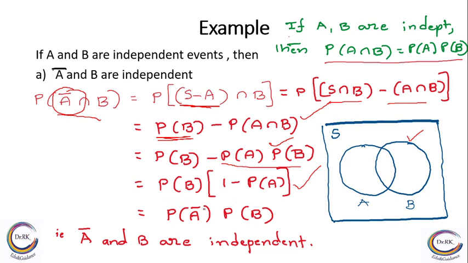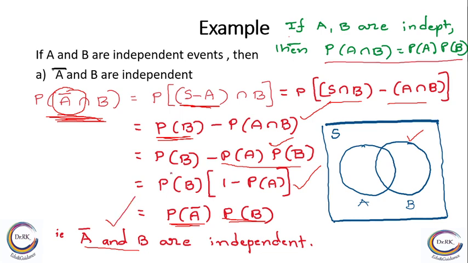So that is P of A bar intersection B equals P of A bar into P of B. That means the joint probability of these two events is the product of separate probabilities. That is actually the basic definition: when the probability of joint events equals the product of separate probabilities, then they are called independent events. So based on that we say A bar and B are independent events.